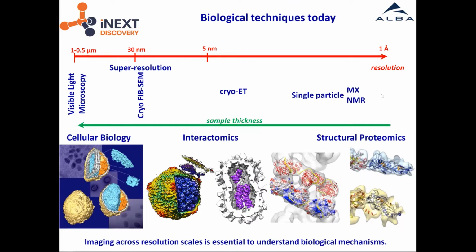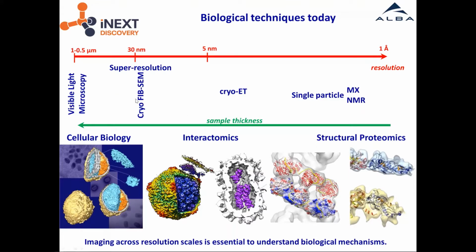techniques today. As you all know, imaging across resolution scales is essential to understand your biological problem. And from the left side of my slide, which is the lowest resolution techniques, but which are tackling larger sample sizes, and to the right side of my slide, which are the highest resolution techniques, but are tackling smaller samples.